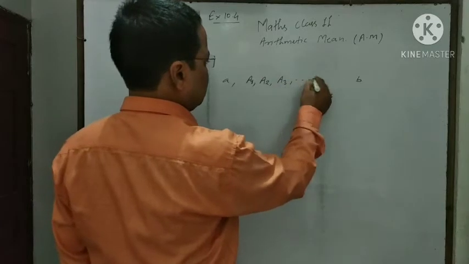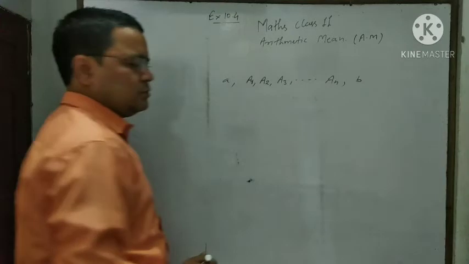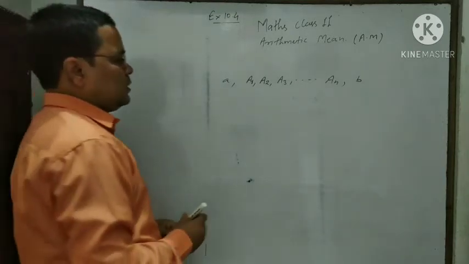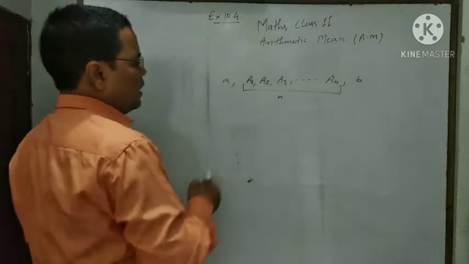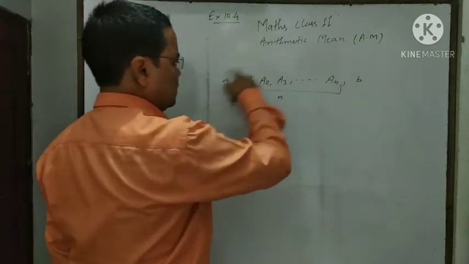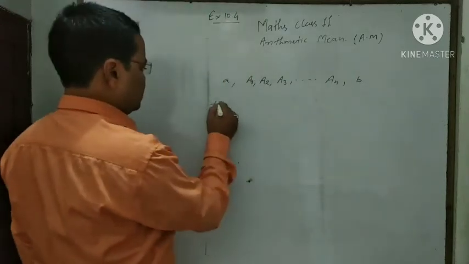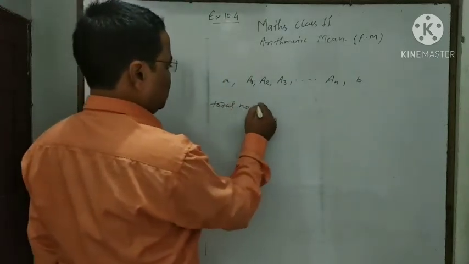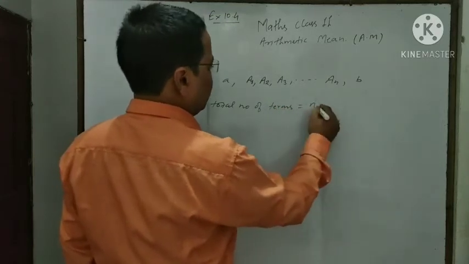Similarly we can find n arithmetic means between a and b. Now the total number of arithmetic means is n, and there are two more numbers. It means in this case the total number of terms is equal to n plus 2.